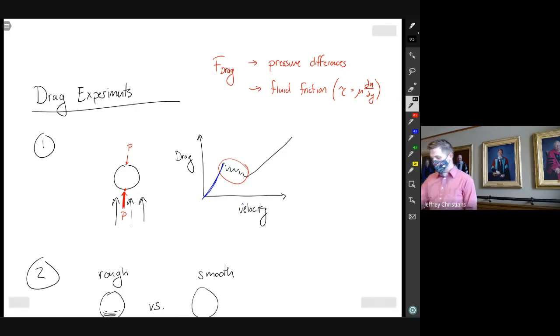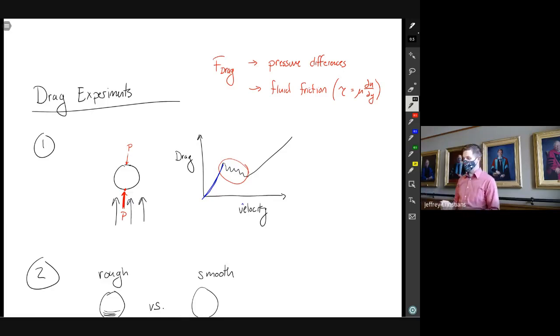Okay, so drag force can be caused from pressure differences, and that's exactly what's happening in this case. The main component of the drag is the difference in pressure between the front and the back. The shear stress is only a little portion of the drag force here, so fluid friction isn't actually a big part of it.